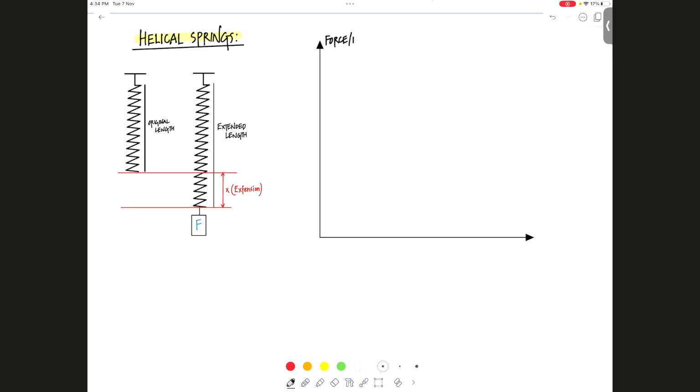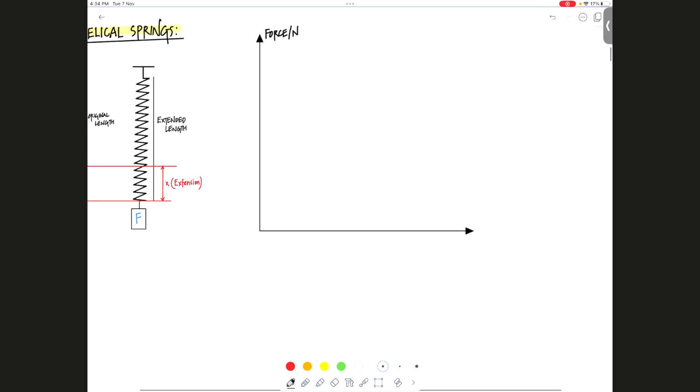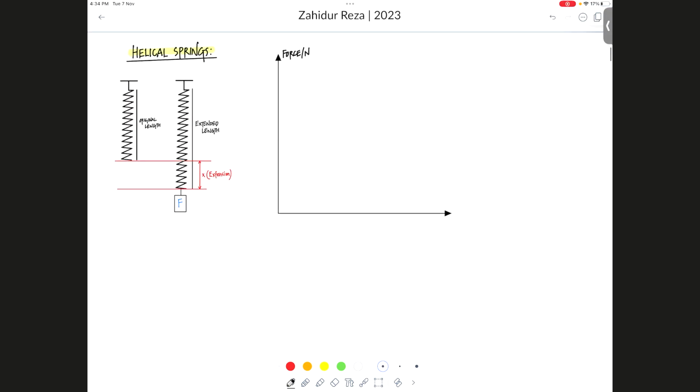What is odd about this graph? Yeah, force is dependent here, extension is independent, right? That's not true. Am I not applying force and because of that I'm getting an extension? Isn't it that the force is independent and the extension is the dependent quantity?